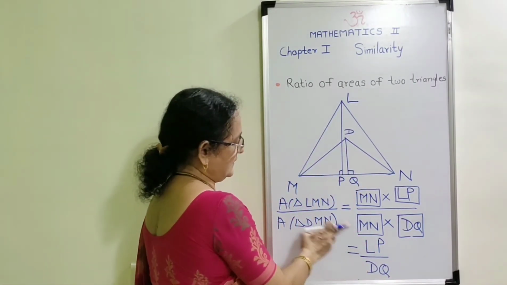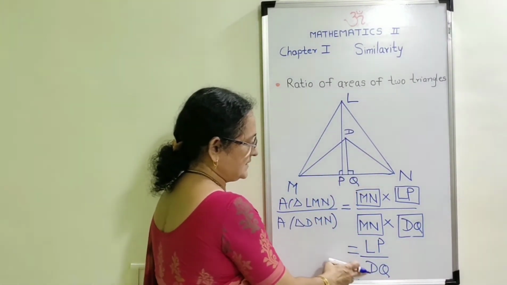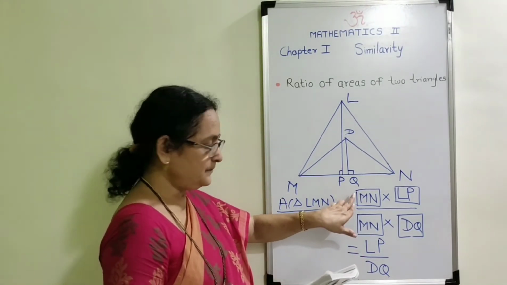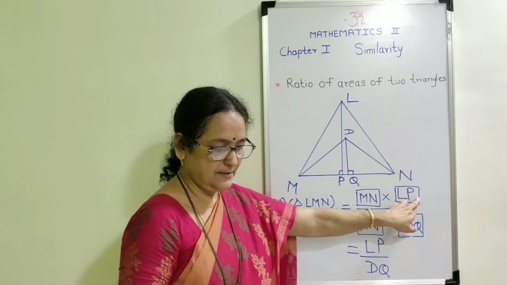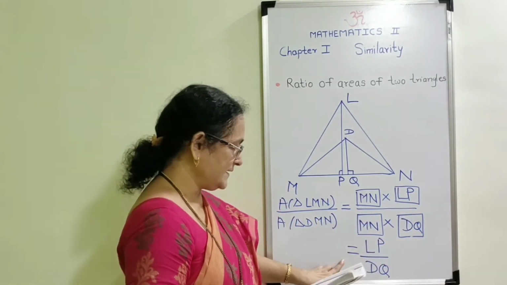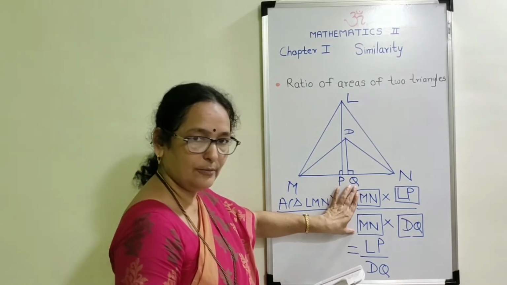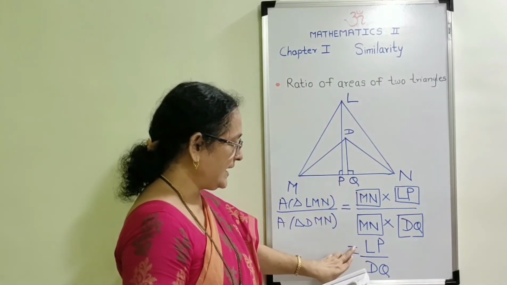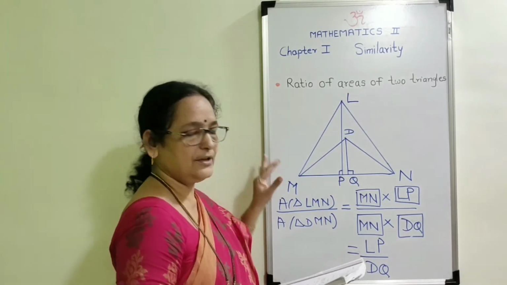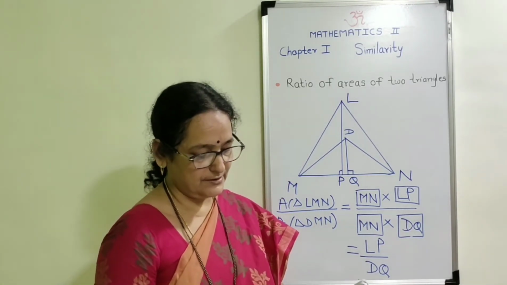Height of the first triangle is LP, height of the second triangle is DQ. Therefore, MN into LP upon MN into DQ is equal to, since MN is common and gets eliminated, LP upon DQ. This second figure is also very important.